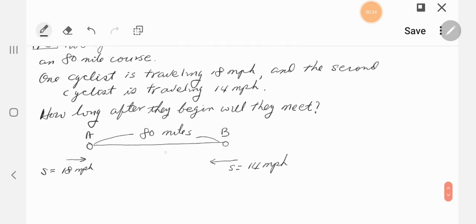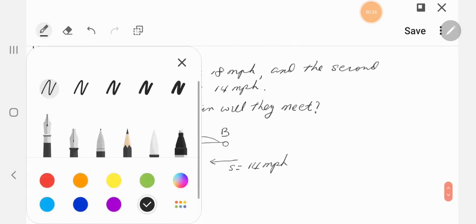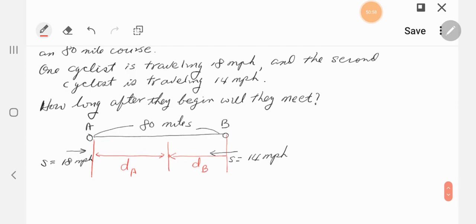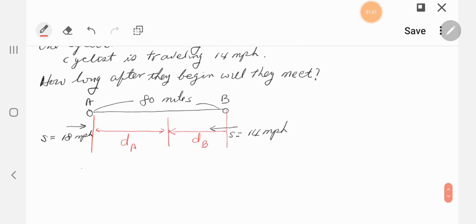Let's say this distance is DA, and this is DB. The total distance is 80 miles, which is the sum of the distance that car A traveled and the distance that car B traveled.